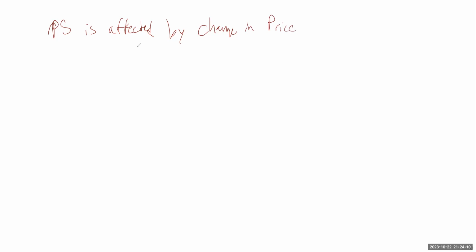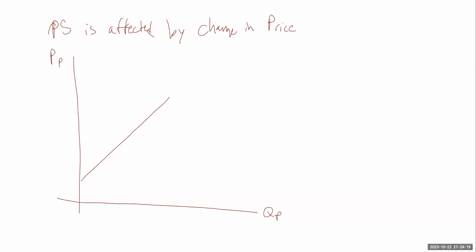Producer surplus is affected by the change in price. Here's quantity of pizza, price of pizza, supply curve. Here's P1, that's the price right now. This is how much is sold, Q1, and A is producer surplus.